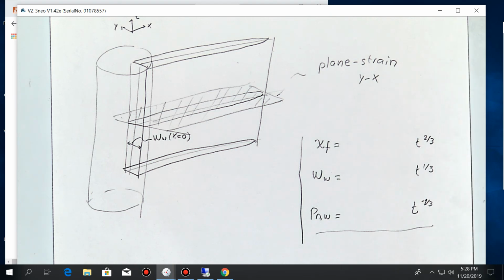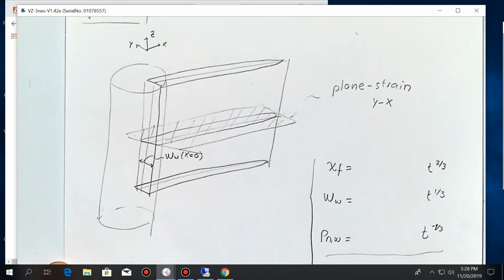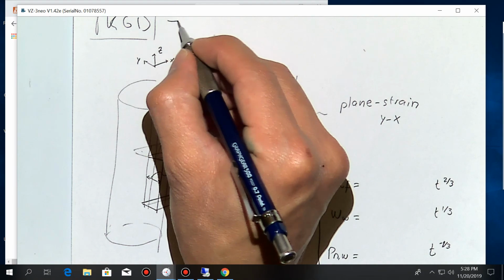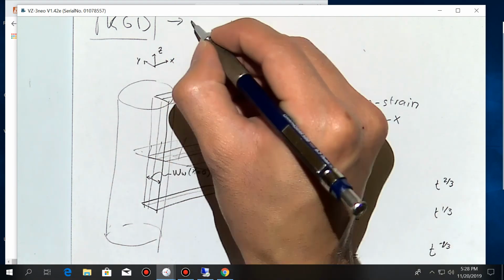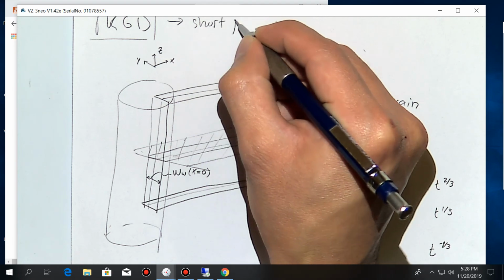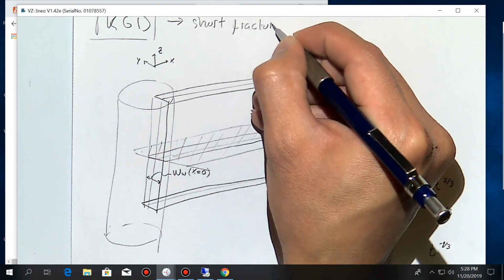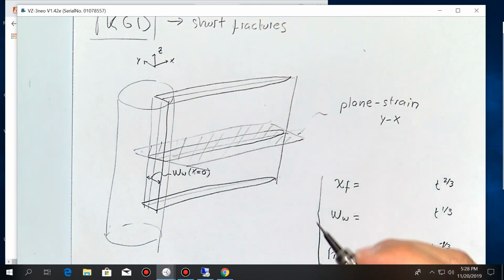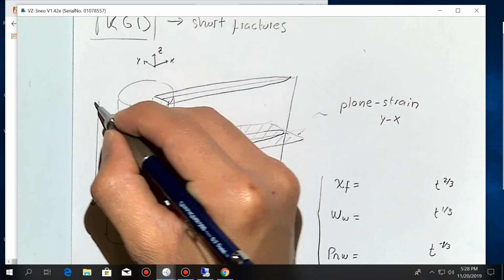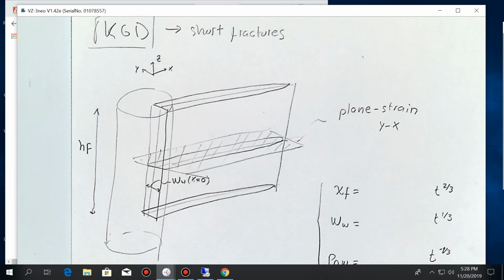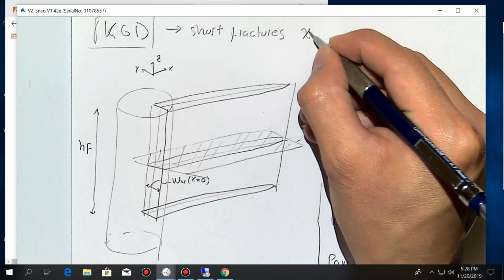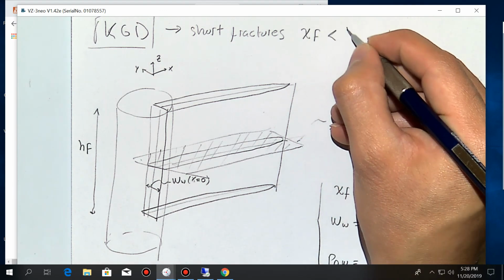Because of that, and also because of the geometry, this KGD model, and this is very important to remember, is used to model short fractures. And what is short? In this one, the fracture height is constant. A short fracture would be a fracture for which the fracture half length is less than its height.